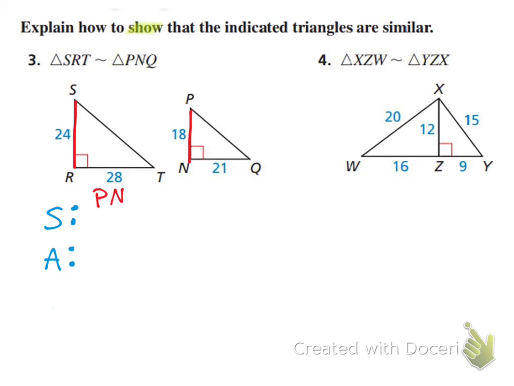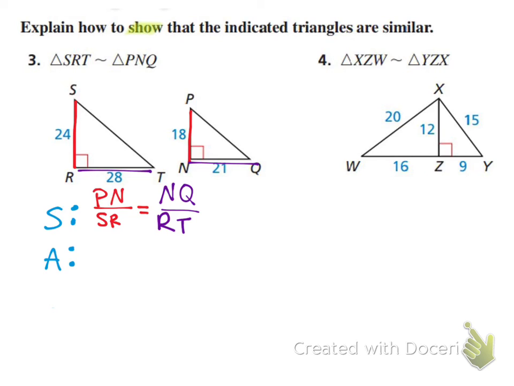So we're going to put PN over the old, which is SR. And it's proportional to the other set of sides. So what would I put in the numerator there? NQ over RT. So this shows that two sides are proportional to each other, all in one.